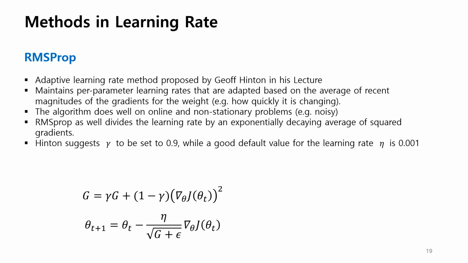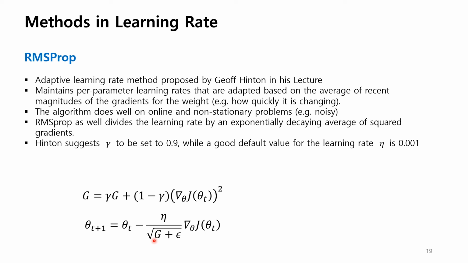If you look at the formula of AdaGrad, it has G here, and actually G is the accumulation of the square of gradient. So you keep accumulating the square of gradient.